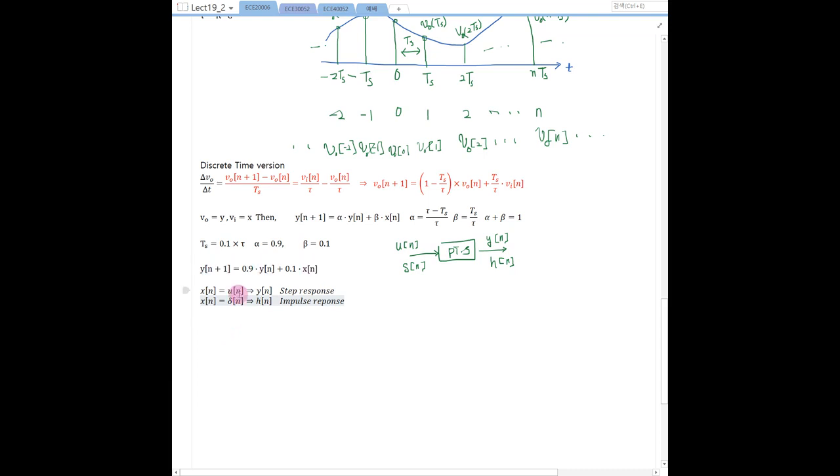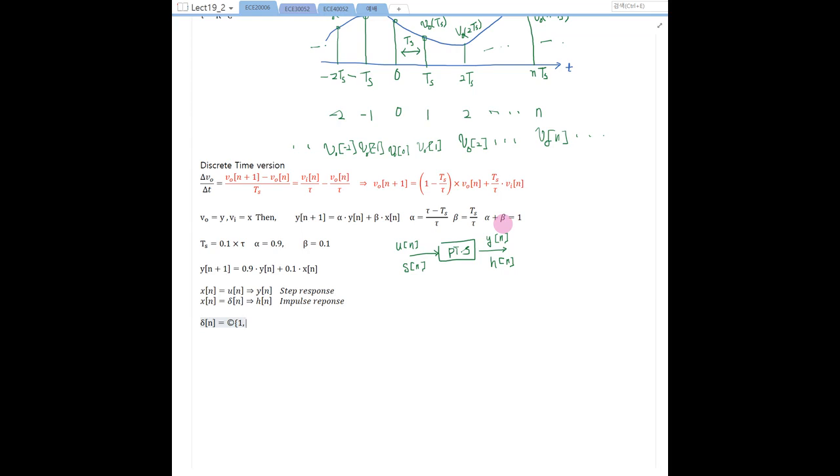The unit step is a little complex because of the property of the unit step sequence, but the delta is a very simple equation. You know that the unit impulse sequence delta(n) is defined. Sorry, it is 1 if n equals 0, and in all other cases it is 0.